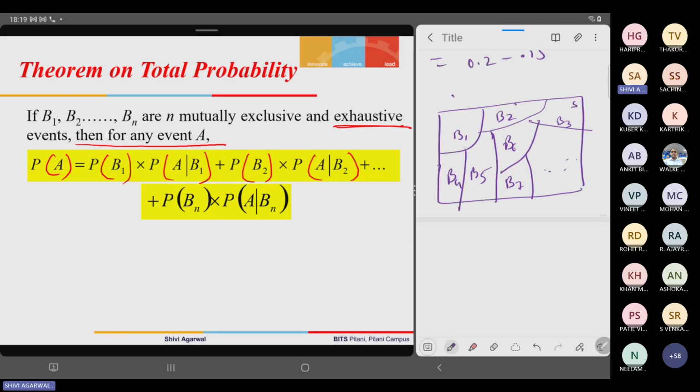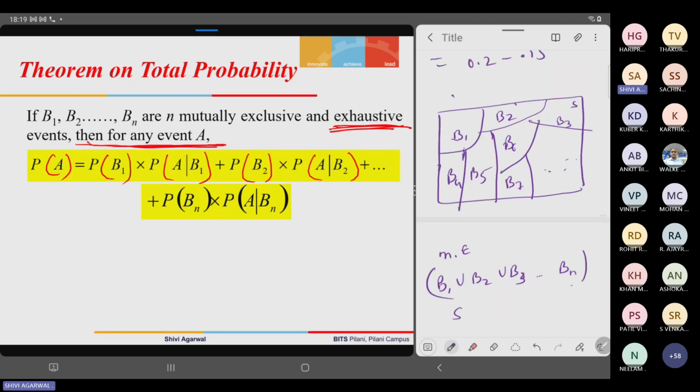Now you can see I am taking care of making these events mutually exclusive. There are no elements common in them. And when we take the union of all, that is B1 union B2 union B3 up to Bn, it will become the complete sample space. So that is known as exhaustive events. So how do we find the probability of any event A?